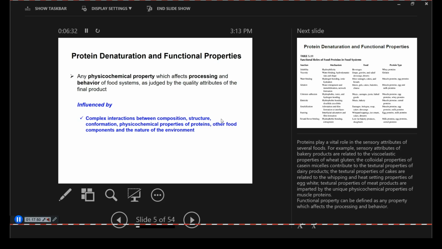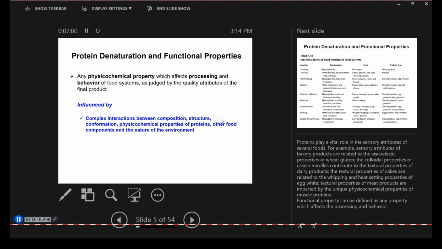Okay, so what we're going to do is talk about functional properties and how they're impacted by the environment. So the definition: if somebody says, what is a functional property? What do we really mean by a functional property? It is any physical or chemical property, or a combination, which affects the processing of the food and impacts the behavior of the food. And how do we judge it?